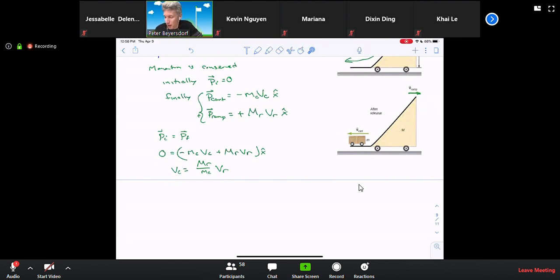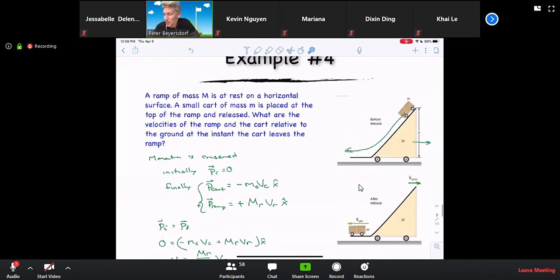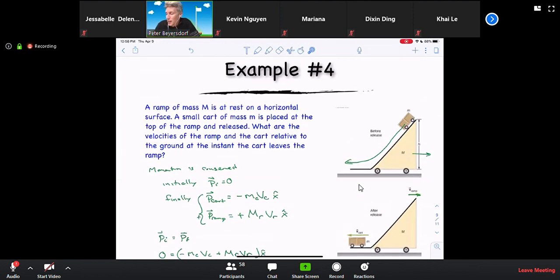In order to solve this equation for VC and get rid of this VR, I need another equation. And so my other equation here is actually going to be conservation of energy. In the previous problem, we said that during the collision, energy wasn't conserved, but momentum was.